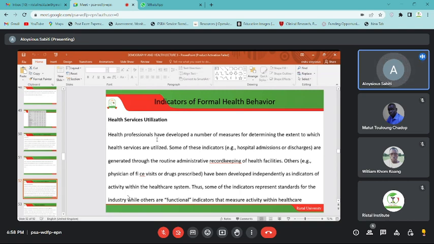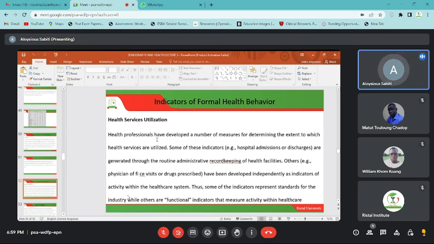One is their health services utilization. Health professionals have developed a number of measures for determining the extent to which health services are utilized. Some of these indicators, for example, hospital admissions or discharges, are generated through routine record keeping.